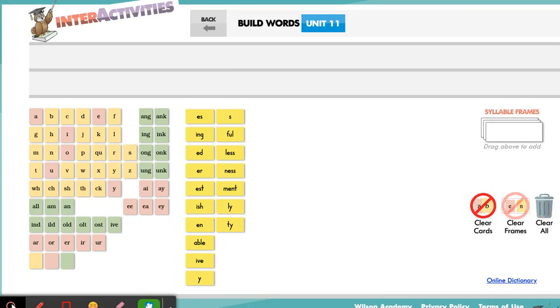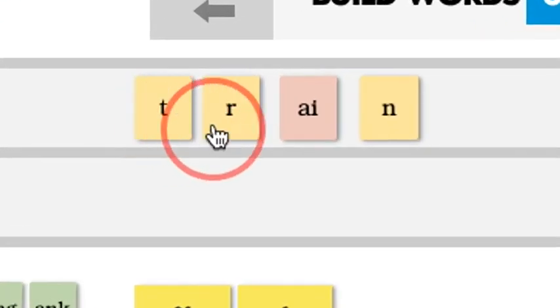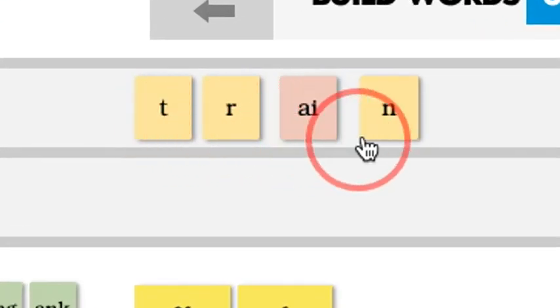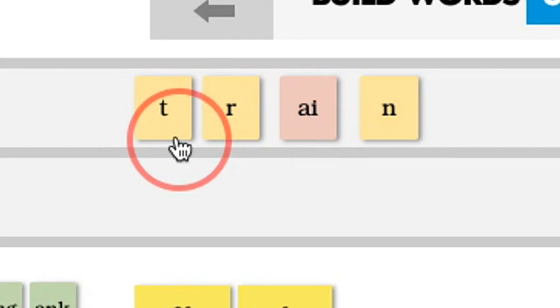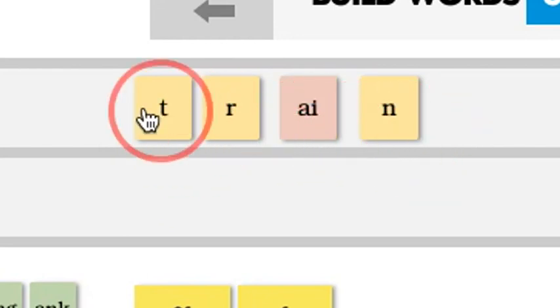So let's tap out some words and read the words that I'm putting on the board. Let's start with the first one. Your arm is up, ready to tap. T, r, ain, train.